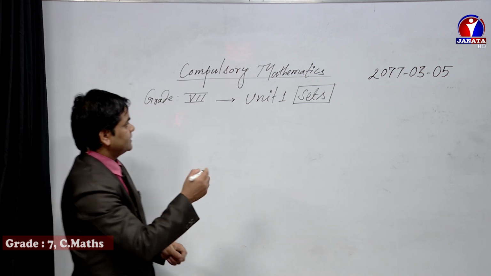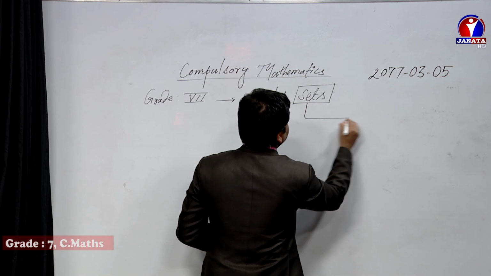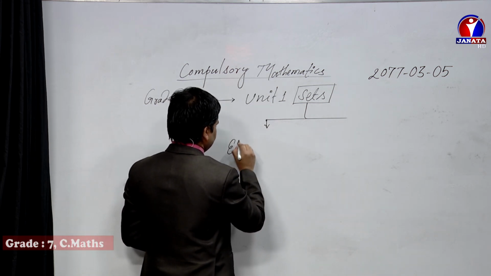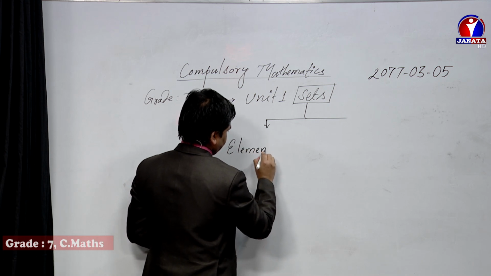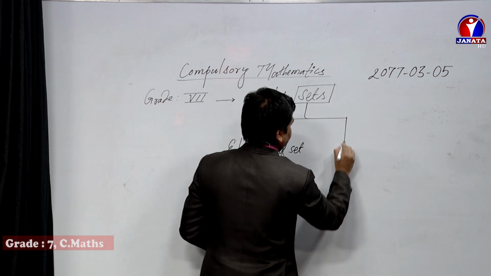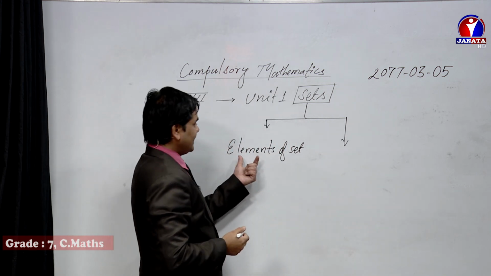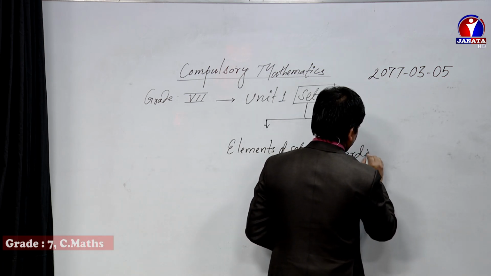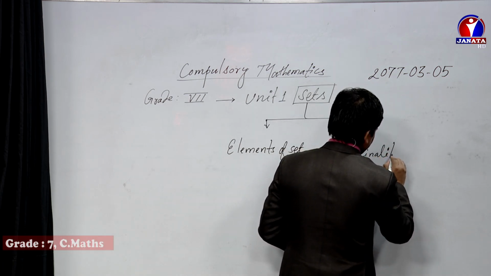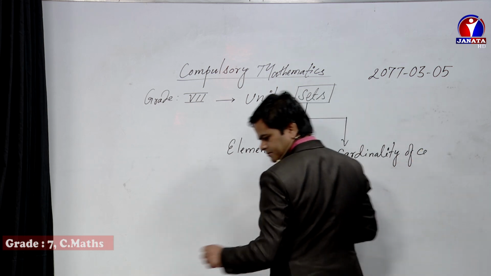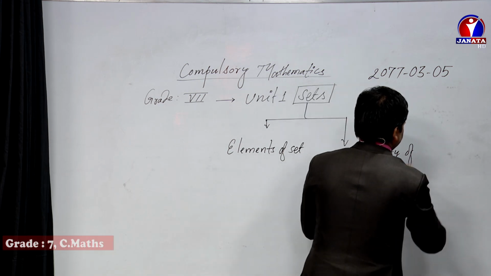Dear students, this set has two branches. One is elements of set, another one is cardinality of set.